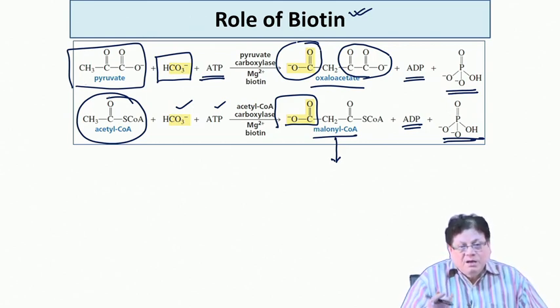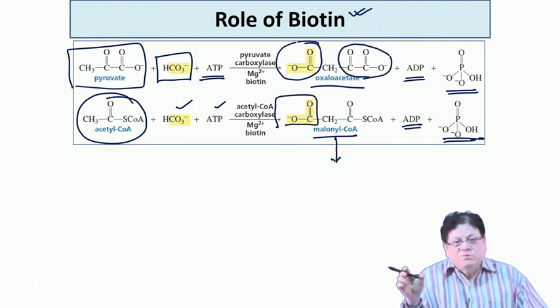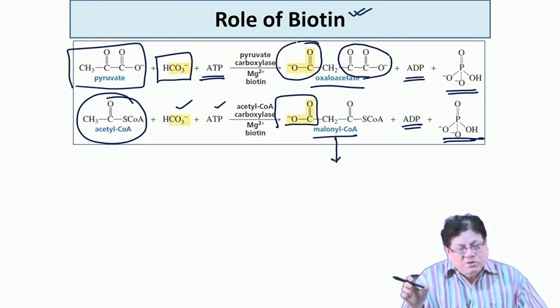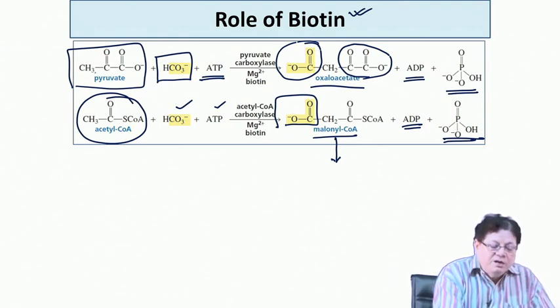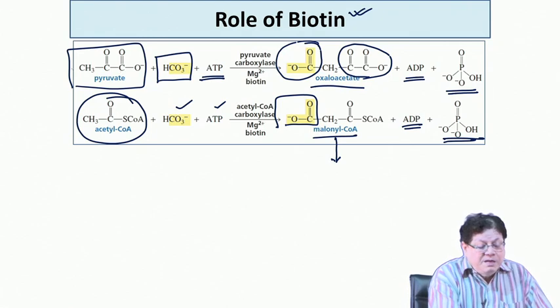You first form the carboxybiotin via the mixed anhydride of carbonic acid and phosphoric acid, and then you have a nucleophilic attack on the carbon forming the carboxylated biotin, and then that carboxylated biotin releases the carboxy group and carboxylates the alpha hydrogen in acetyl coenzyme A, and in this case it will carboxylate the hydrogen beta to the carboxy.